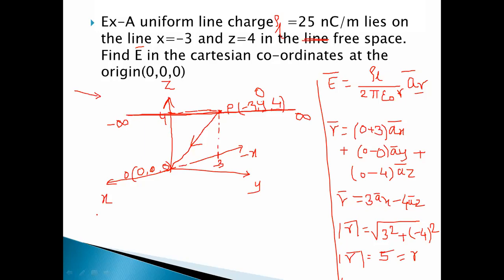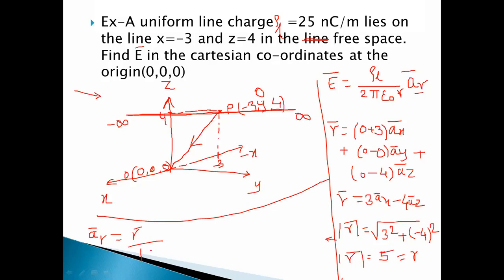Now we have to find the unit vector a bar r, which is equal to r bar divided by mod of r bar.